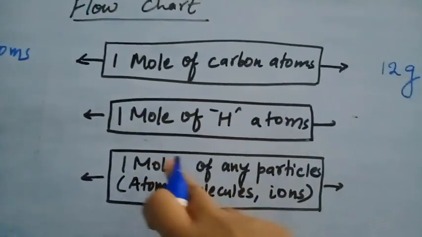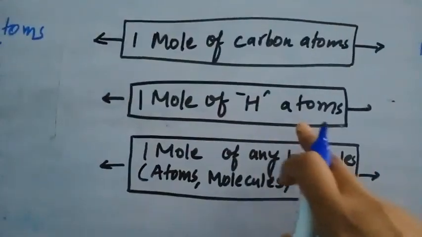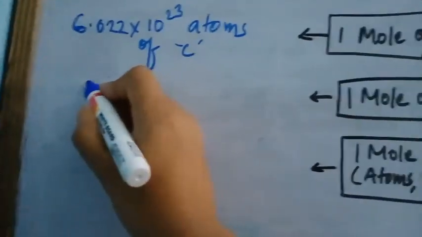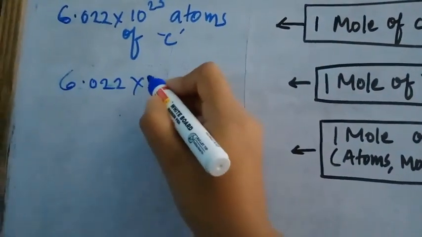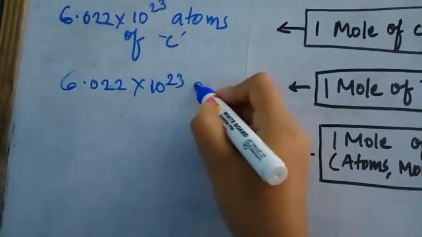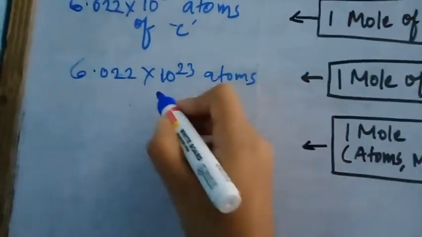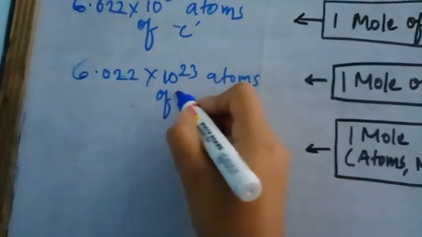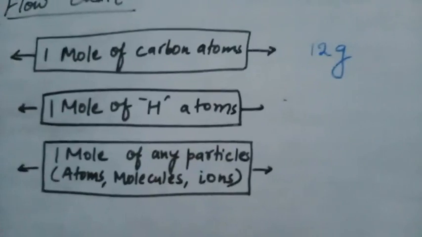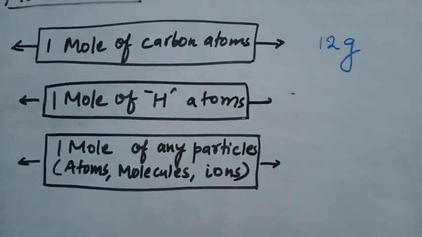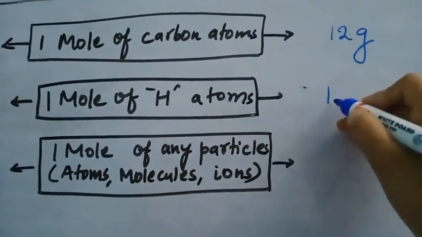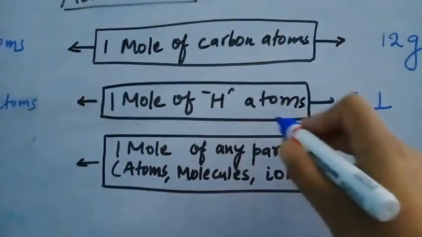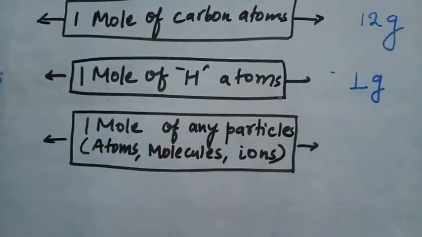Okay, now 1 mole of hydrogen atoms. So 1 mole of hydrogen atoms again contains 6.022 into 10 to power 23 atoms of hydrogen. And what would be the mass of 1 mole of hydrogen atoms? You know that the atomic mass of hydrogen is 1 AMU, so 1 mole of hydrogen atoms will be 1 gram.